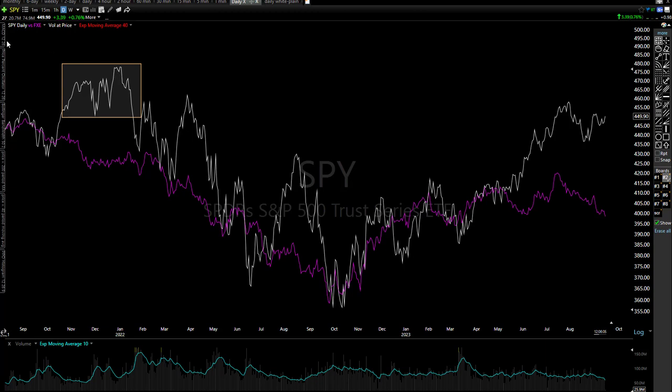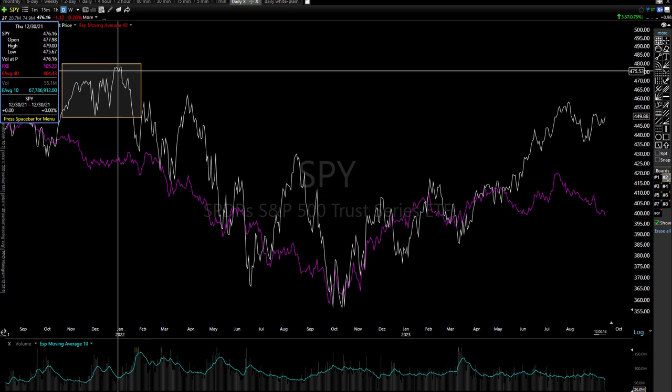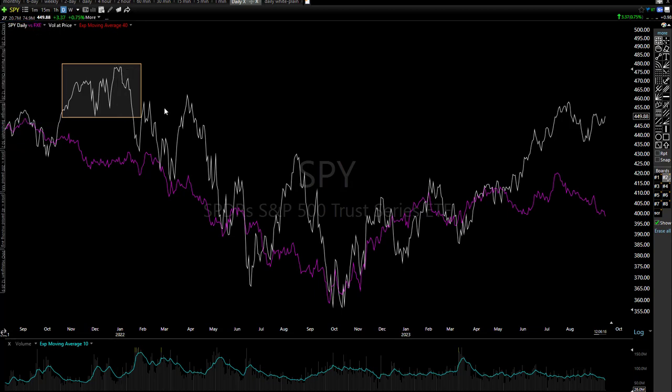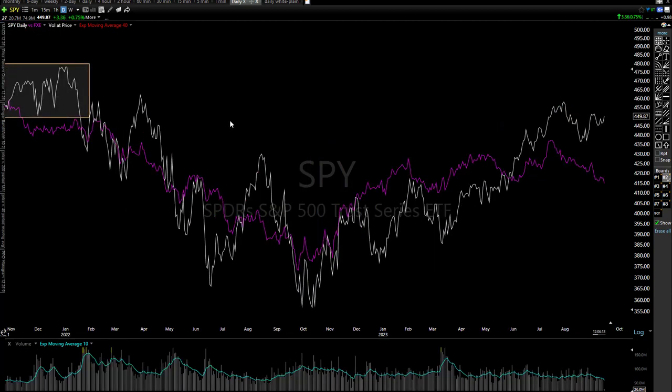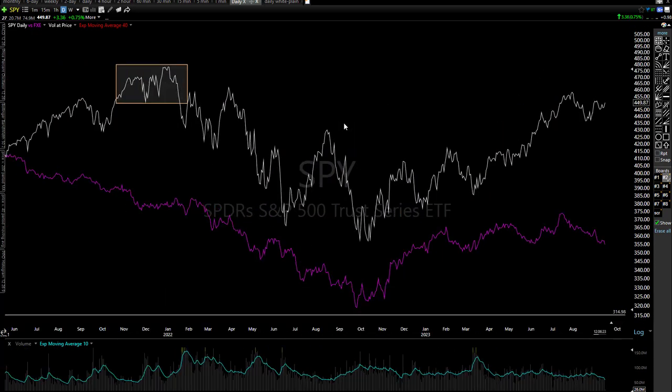Okay, SPY in white, FXE. This is where the S&P 500 topped also around the end of 2021, early 2022, right there in January. You can see them here. And what I'm showing you here is, well, let's start out with what happened before that. What happened before was clear divergence.